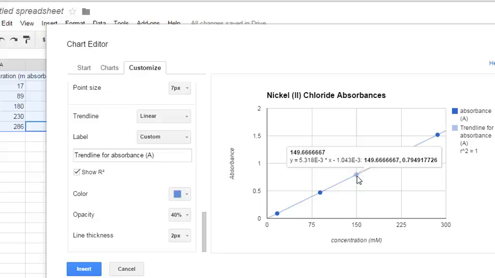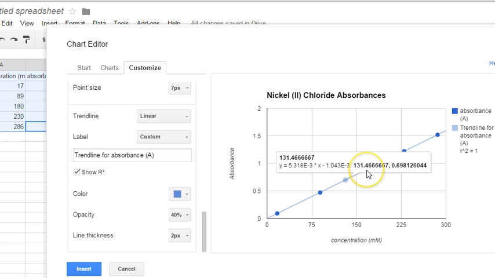But the way the software got the y coordinate there, 0.794917726, it got it by using the equation y equals 5.31e minus 3 times x minus 1.043e minus 3. So that's a cool thing. That's a cool application of y equals mx plus b from your math class to this cool chemistry lab.